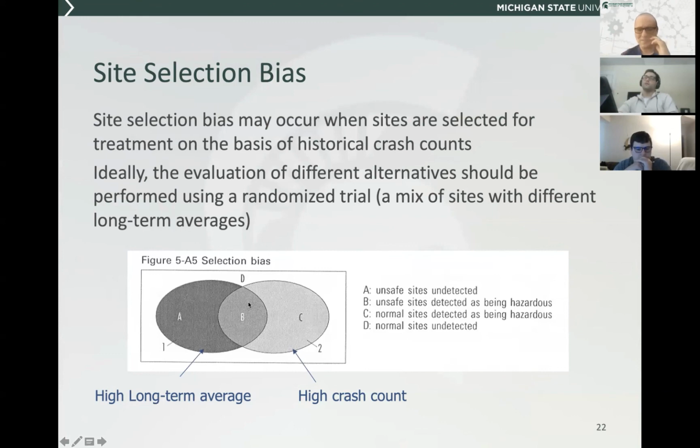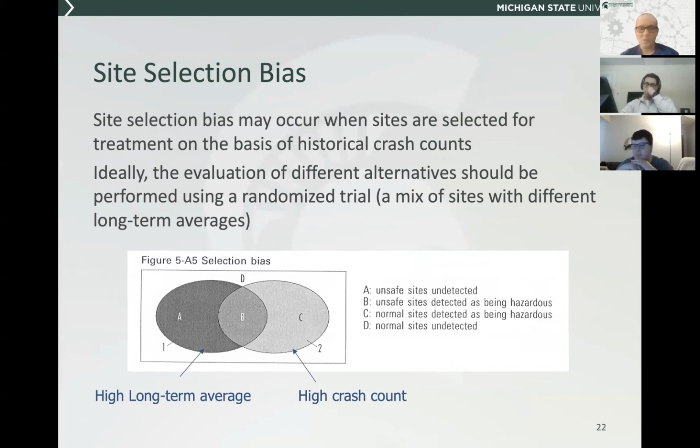And I won't pretend this is to scale necessarily, but this is just for demonstration purposes. These are the sites that we're truly interested in here, but what tends to happen is that we may often get these sites that seem to be higher risk than they actually are based on those short-term counts.